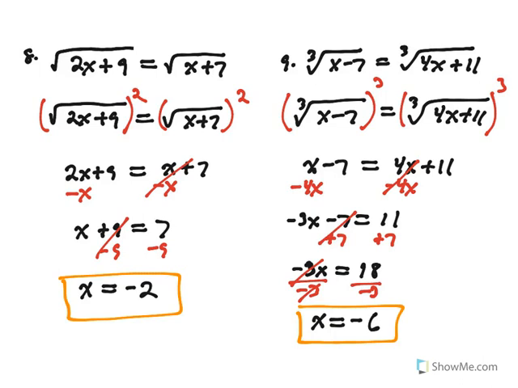So if the radical has an index of 3, you cube both sides. If it's a square root, then you square both sides. If it's the fourth root, then you raise both sides to the fourth power. So the index is going to tell you what power to raise both sides of the equation.